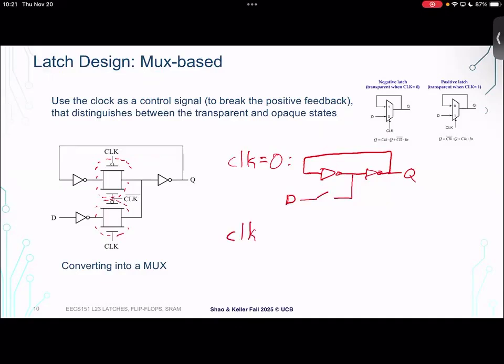Let's look at the other case. When clock is 1, now that top transmission gate is off and the bottom one is on. So now D is no longer being ignored. It's being passed here directly and output to Q. And this switch is open.